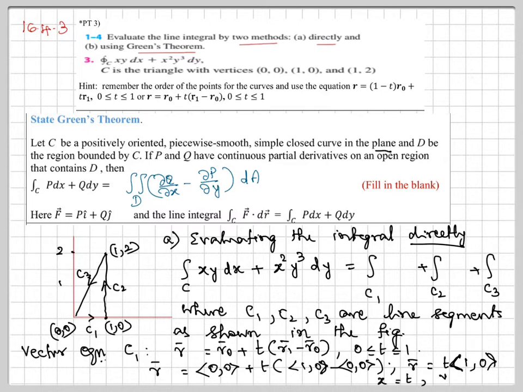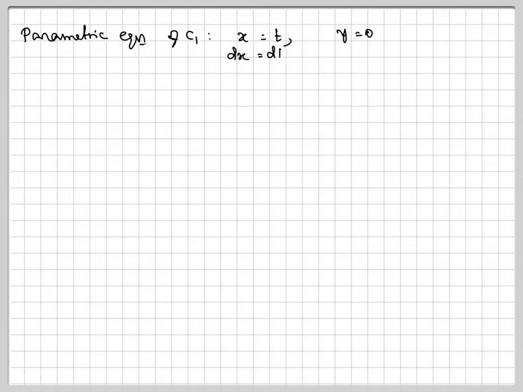So using the parametric representation of this vector equation, we get x equal to t and y equal to 0. Now the parametric equation of C1 is x equal to t and y equal to 0, which will give us dx equal to dt and dy equal to 0 dt, or just 0. And t lies between 0 and 1.